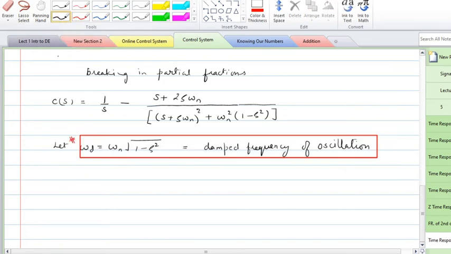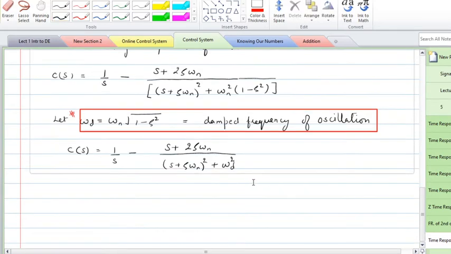So we get C(s) will be equal to 1 by s minus (s plus 2 zeta omega n) divided by (s plus zeta omega n) square plus omega d square.